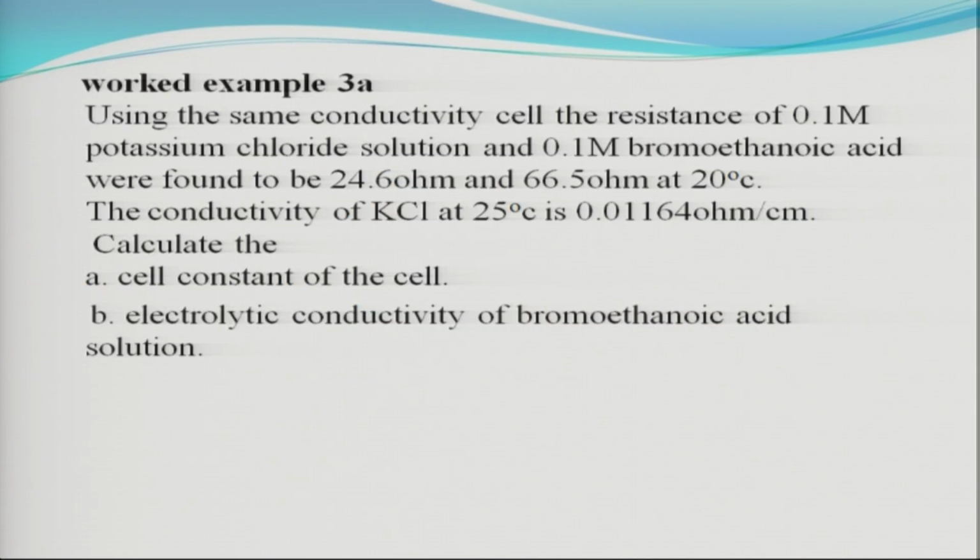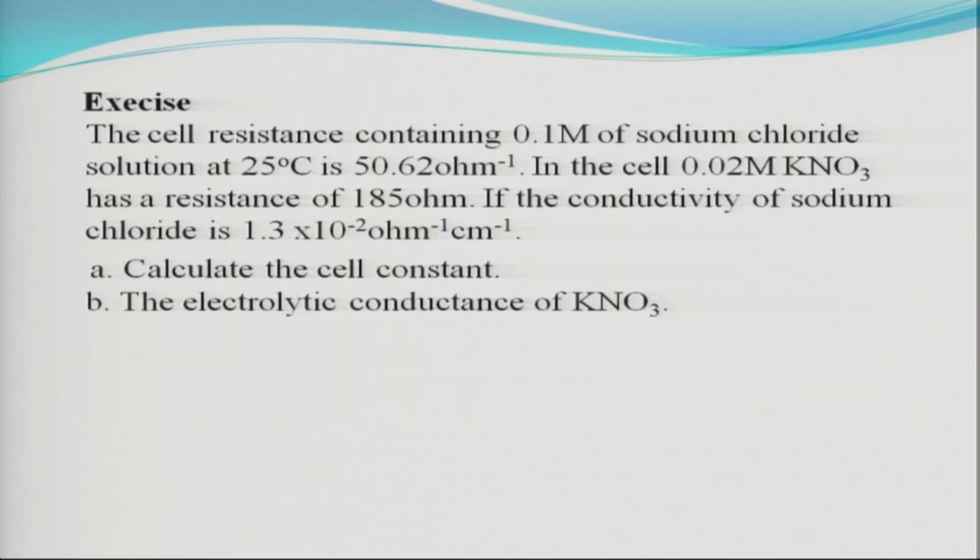Then let's quickly talk about the second question here. They are saying that using, again, the same question, the cell resistance of 0.1 molar sodium chloride is 50.6 per ohm. That's the cell resistance.